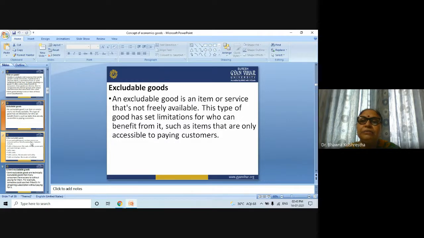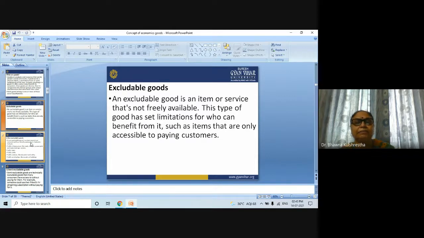And using a music streaming service, only consumers who pay the subscription fee can use the service. Then these are the excludable goods examples.